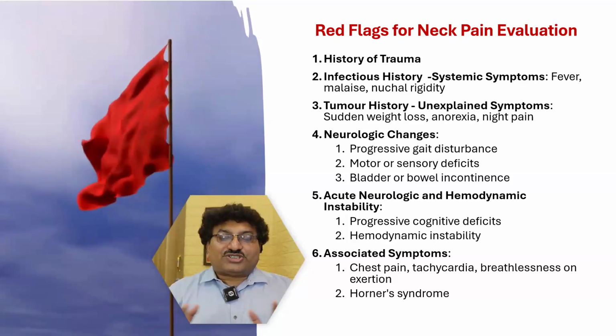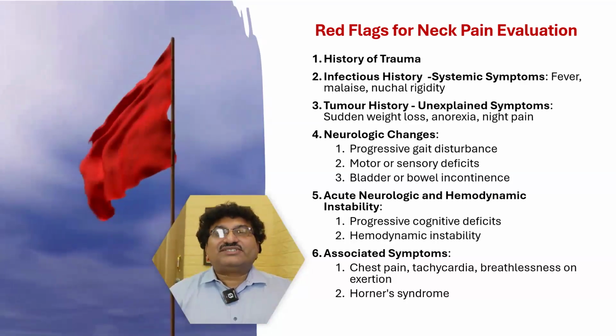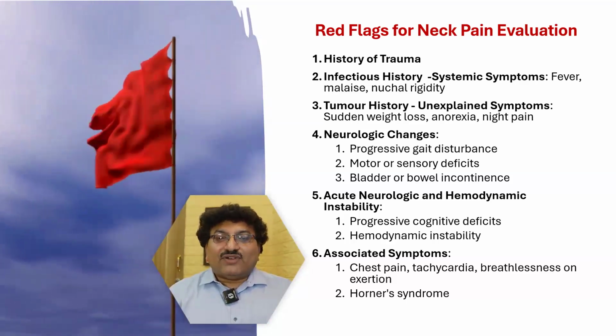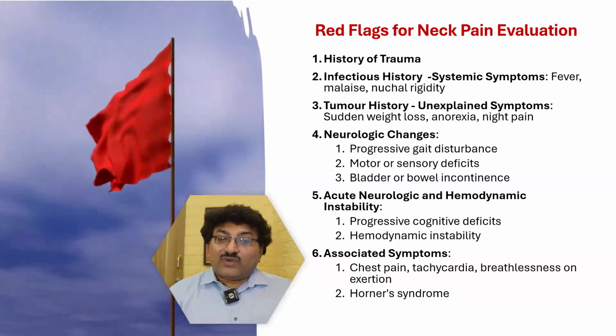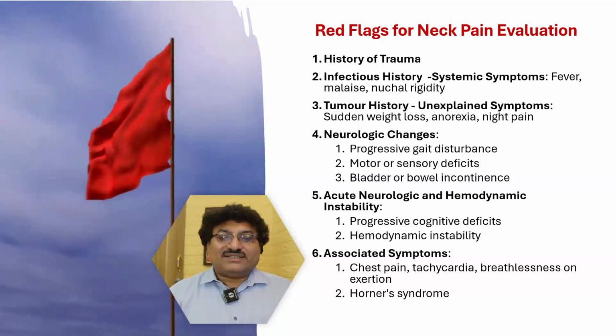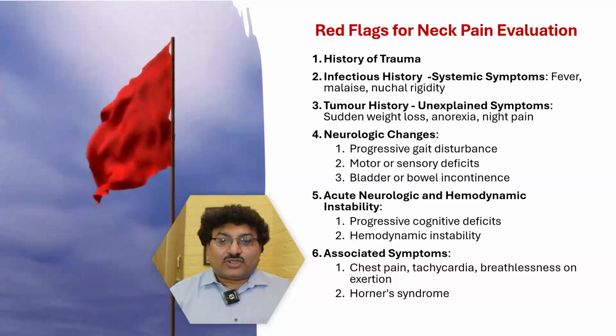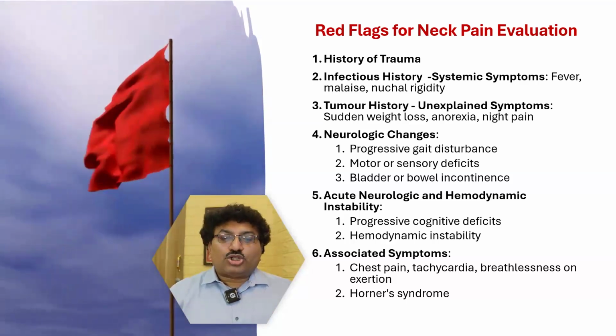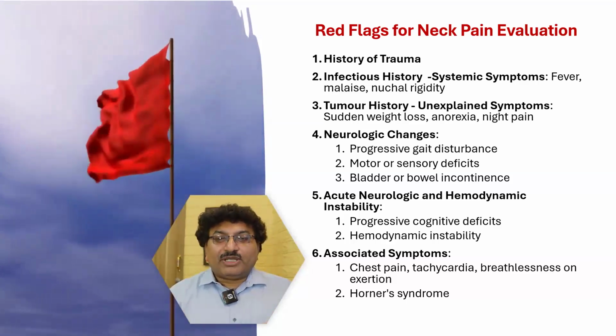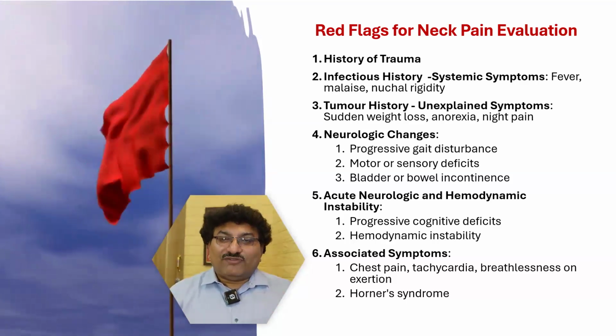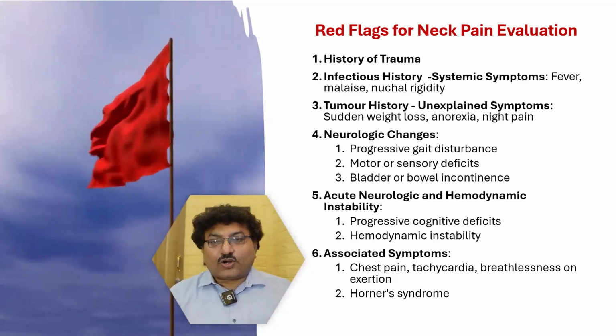Okay. So first of all, you should begin with history of trauma. You should evaluate what happened, whether there is a fracture, or any significant compression over the nerve or not. So any trauma which is causing neck pain, it is very important to evaluate and then proceed accordingly.